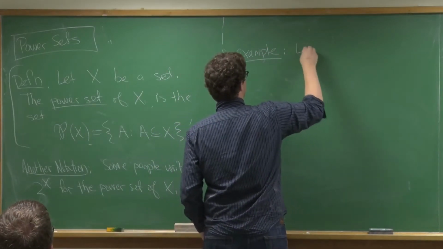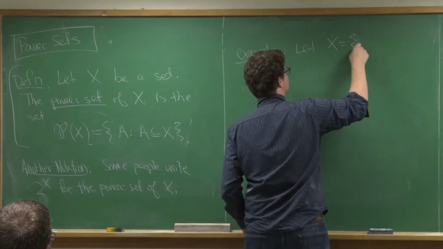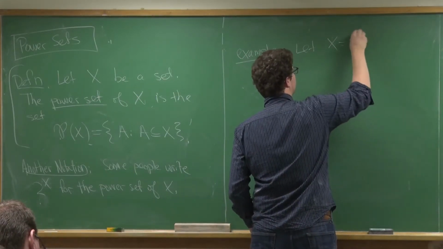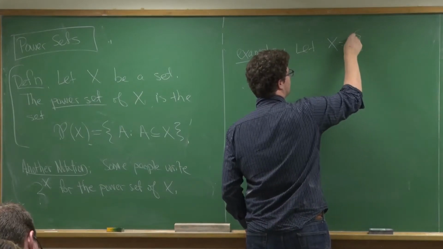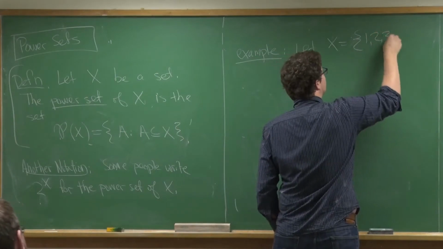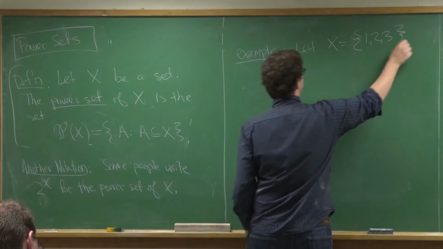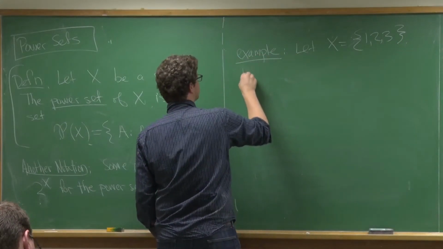Let X be the set {1, 2, 3}. Let X be this. So let's enumerate the subsets.